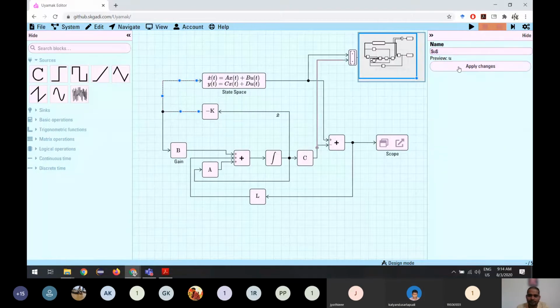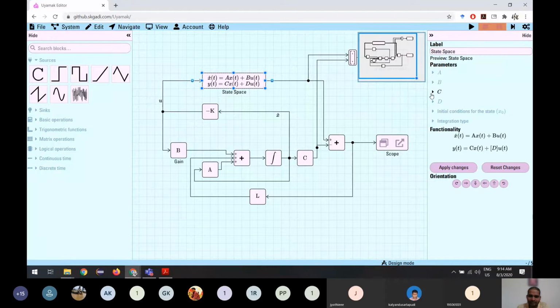Remember, this is the U. So the input to the system is minus K times the X cap. So this is a regulatory system. What does it mean?